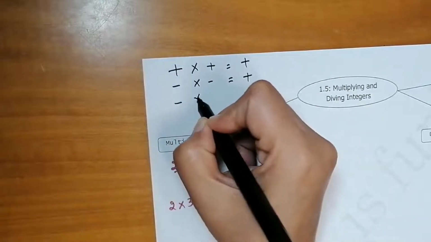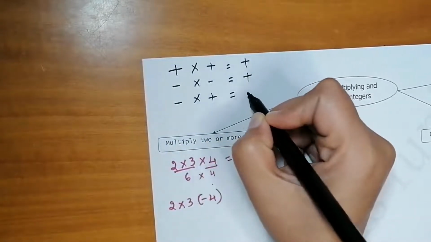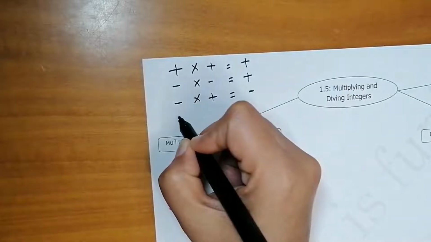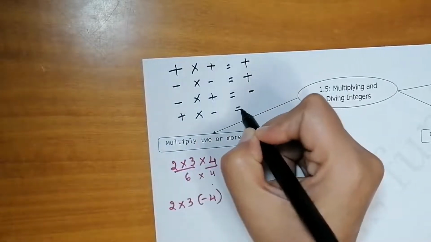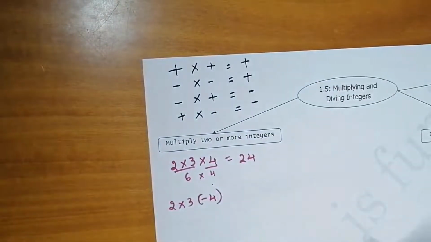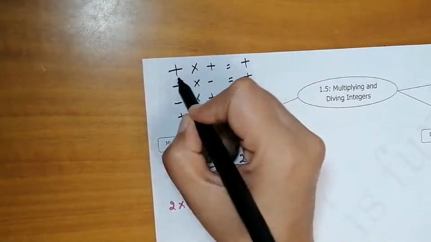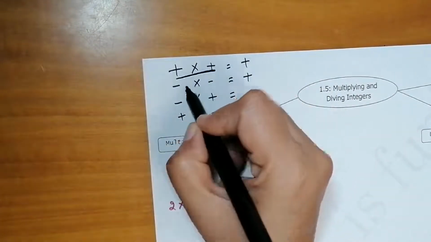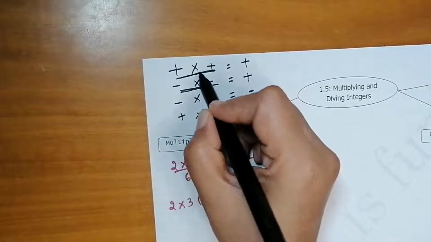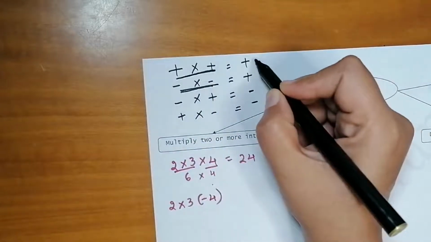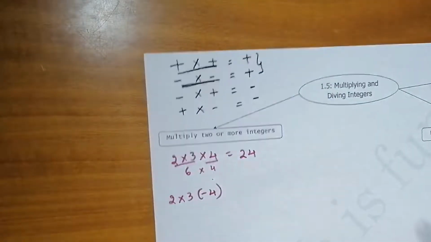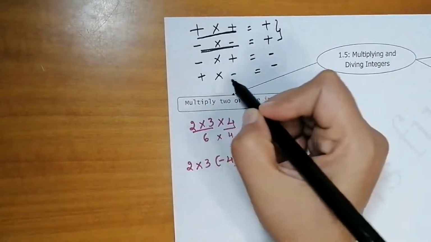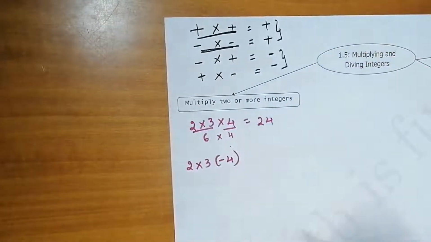Then minus times plus is minus, and plus times minus is minus. So when you have the same signs, whether positive or negative, the answer is positive. And when you have different signs, the answer is negative.